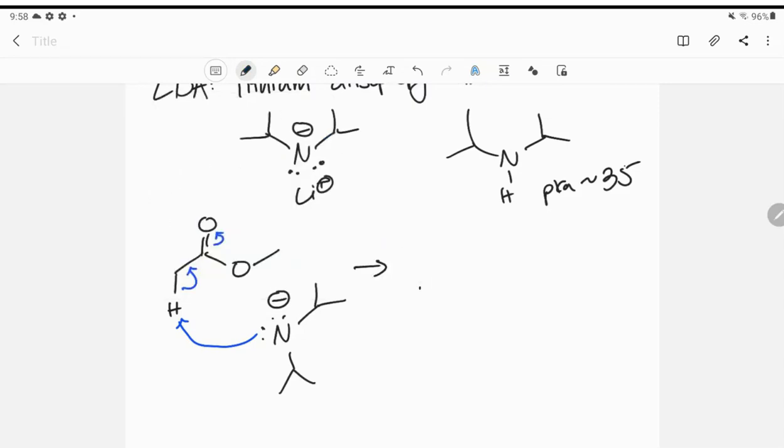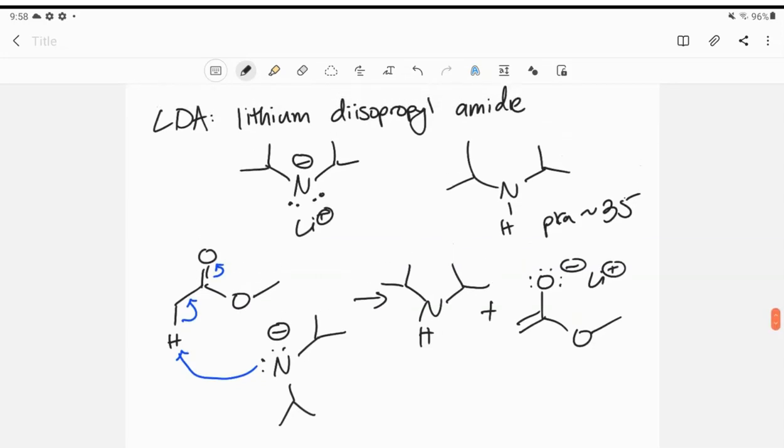We end up making our conjugate acid and the corresponding enolate. So good choices of bases for your less acidic protons, so your ketones and esters, you'll probably want to use H minus or LDA as your base for deprotonating.